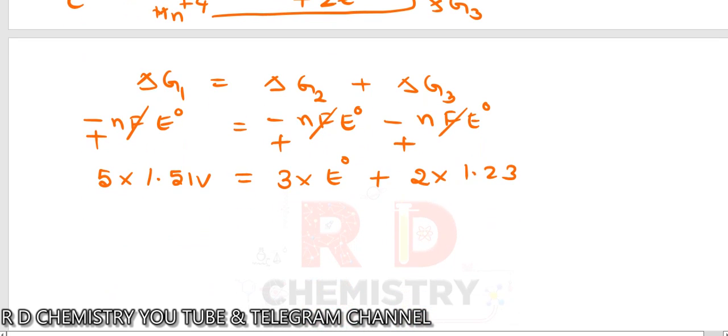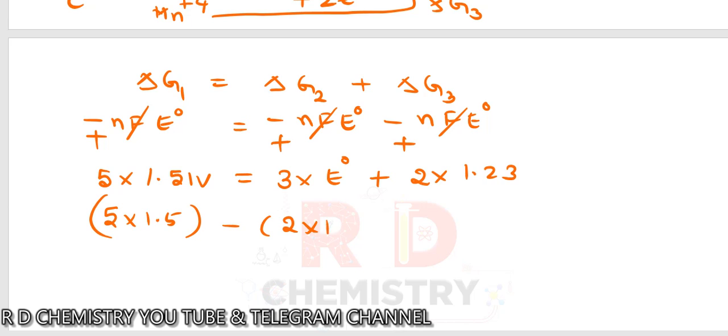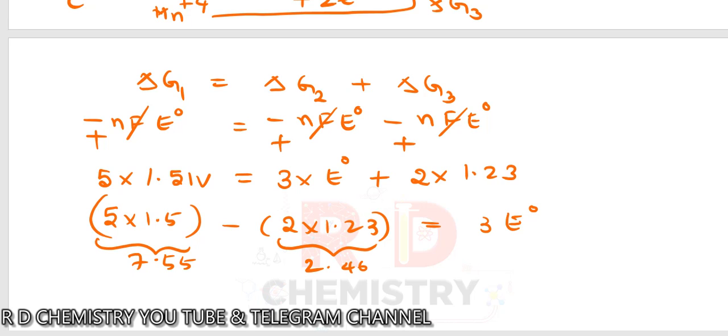So we will carefully simplify now. 5 into 1.51 minus 2 into 1.23 is equal to 3 E naught. So this is equal to 7.55, and this will be equal to 2.46.